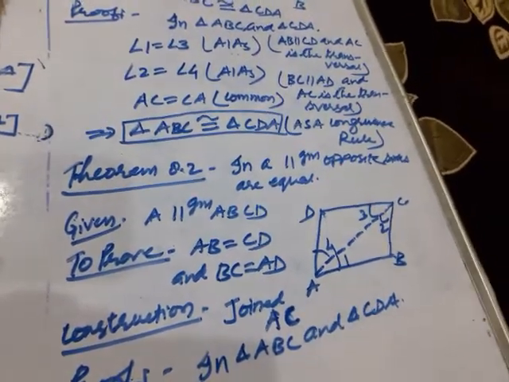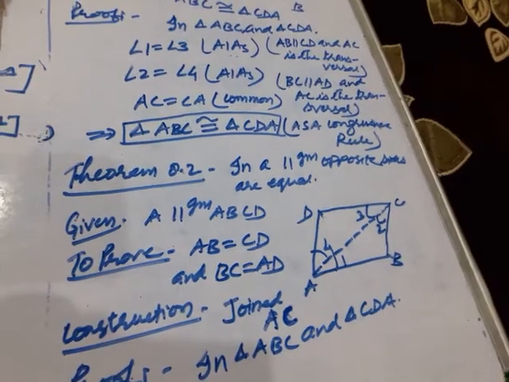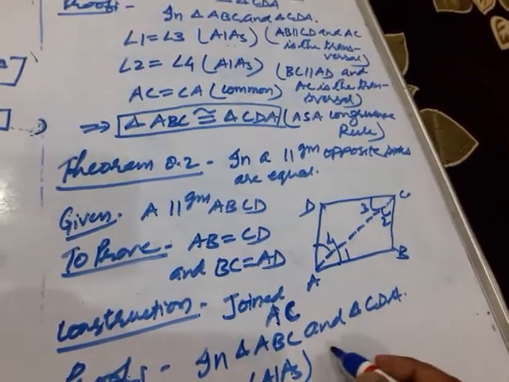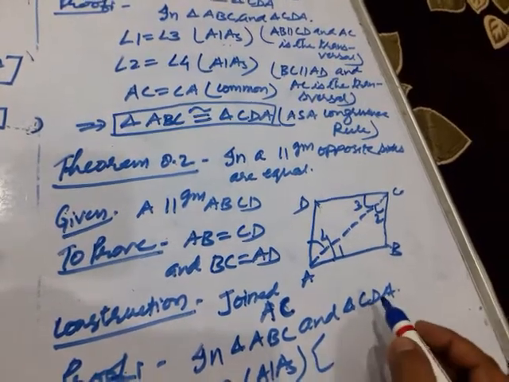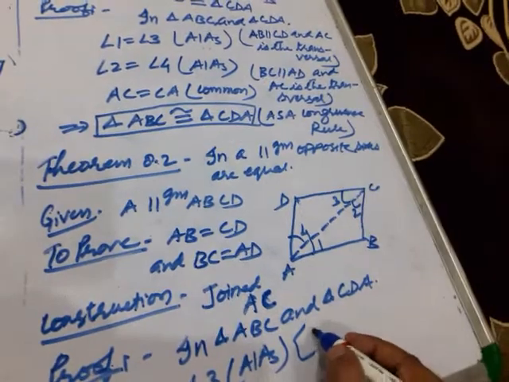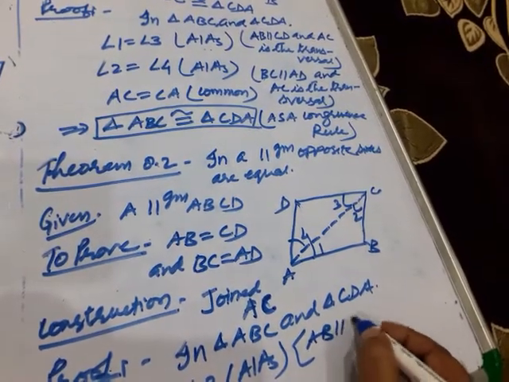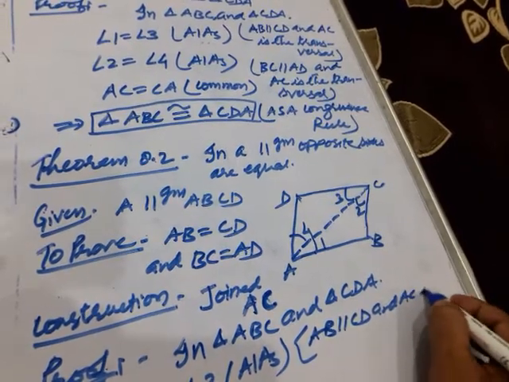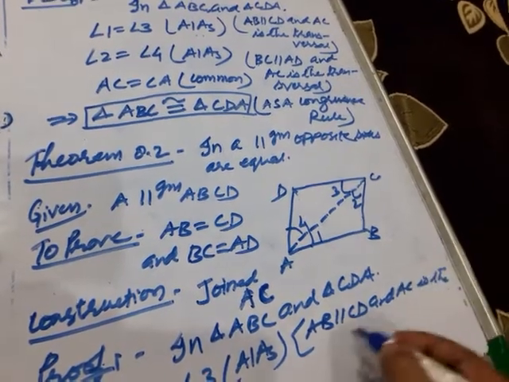Angle 1 equals angle 3. They are alternate interior angles. Why alternate interior angles? Because AB is parallel to CD and AC is the transversal.